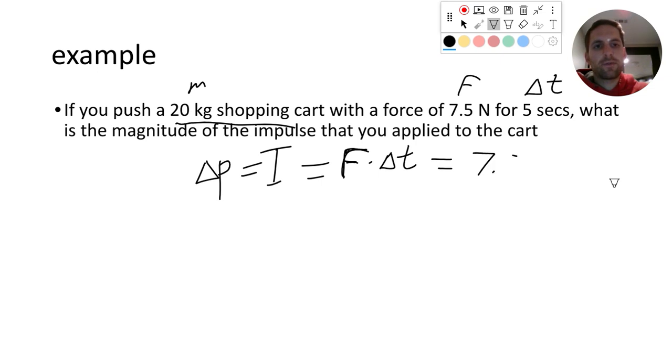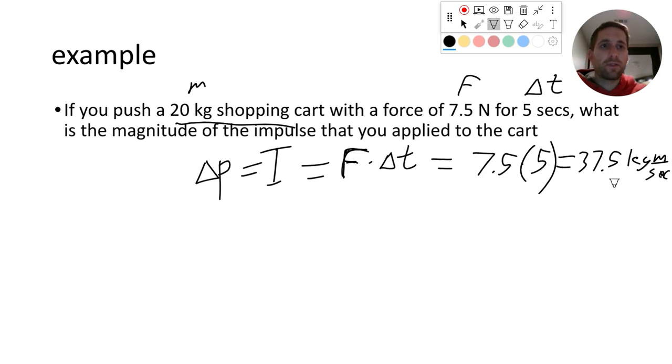So 7.5 times 5, 37.5. And our units, of course, is momentum units, because we're doing a change in momentum. So that's our answer. Because 5 times 0.5 is 2.5, plus 5 times 7 is 35. 35 plus 2.5 is 37.5.